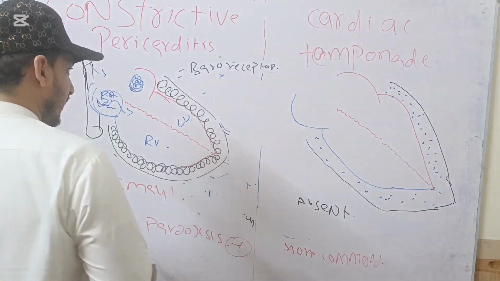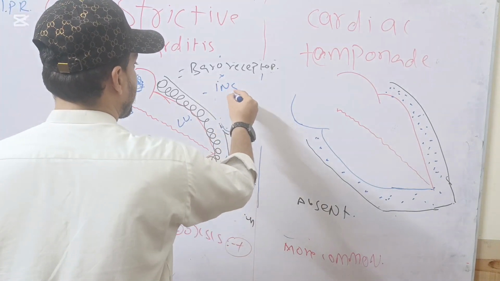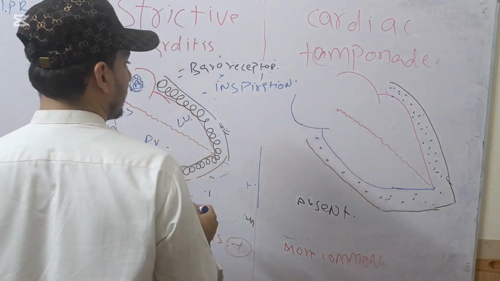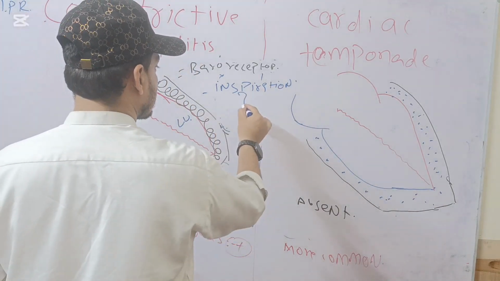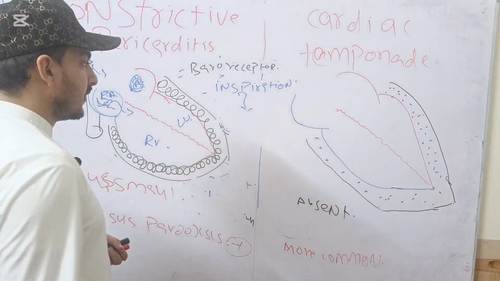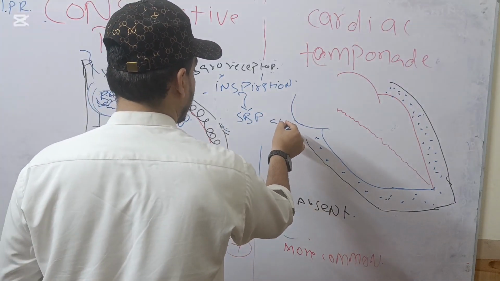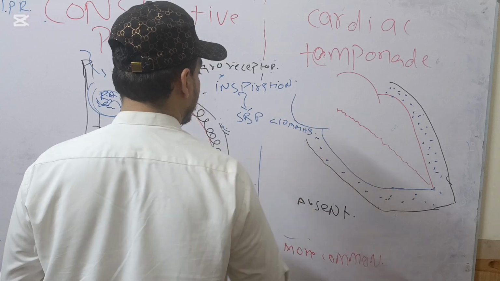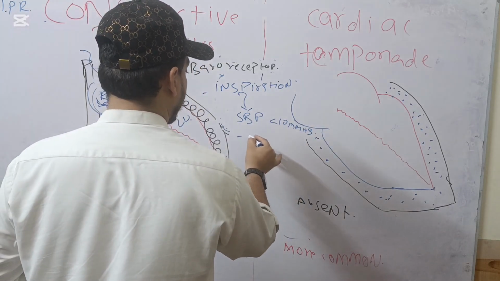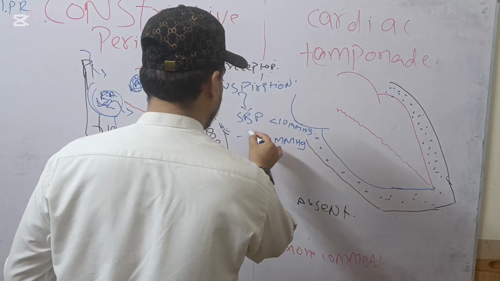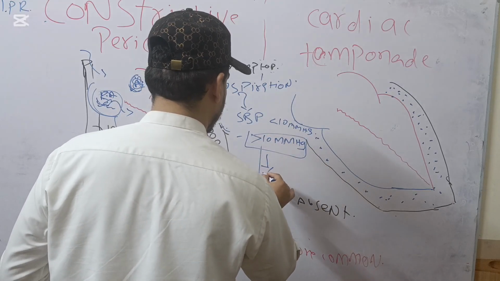Normally on inspiration there is a systolic BP drop of less than 10 mmHg. If it is greater than 10 mmHg, we call it pulsus paradoxus.